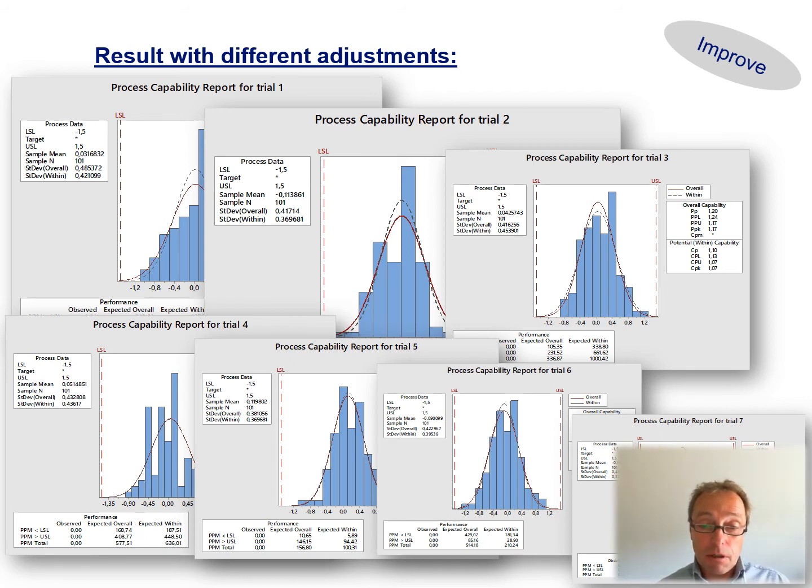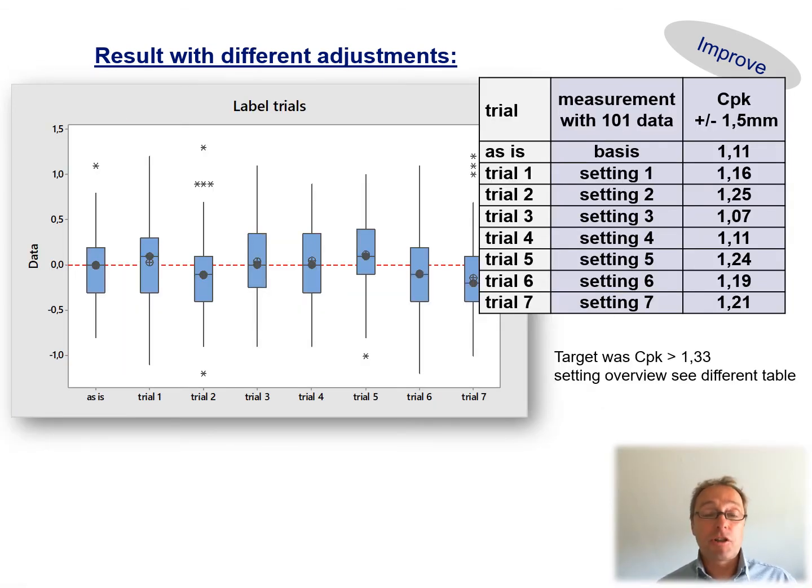You change something and make a trial, change something again and make another trial, and then you get a picture like this. You make trials and you get a lot of results. And the question is then, is there a significant change, or is it more or less the same?